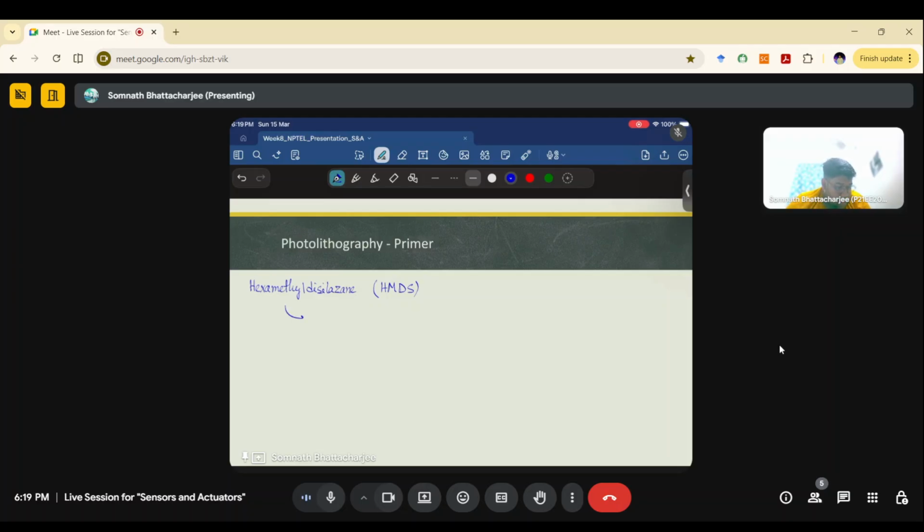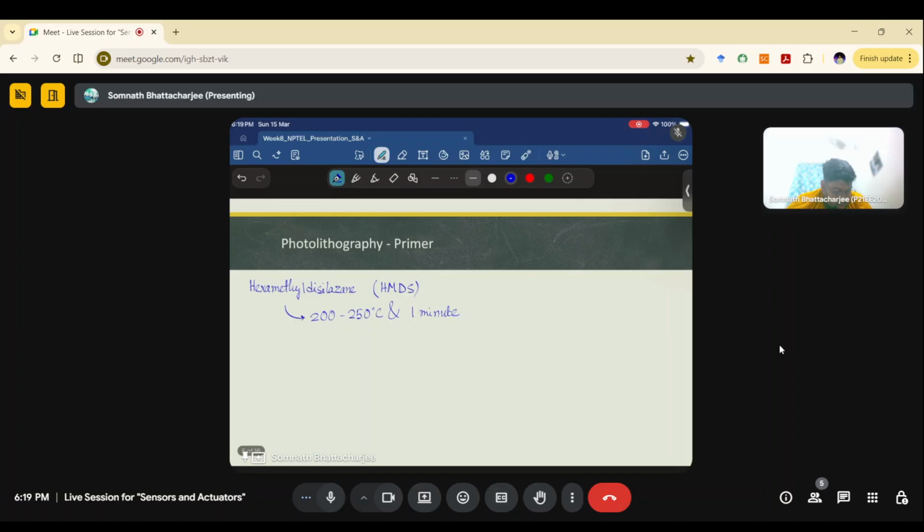This HMDS is spin coated on top of the substrate, mostly in the case of silicon wafers, and it is heated at 200 to 250 degrees centigrade for about a minute. Afterwards, as we have learned, we deposit the PR through spin coating.